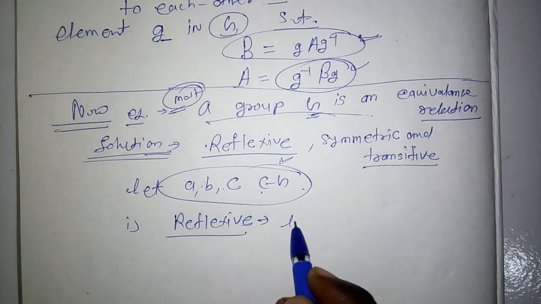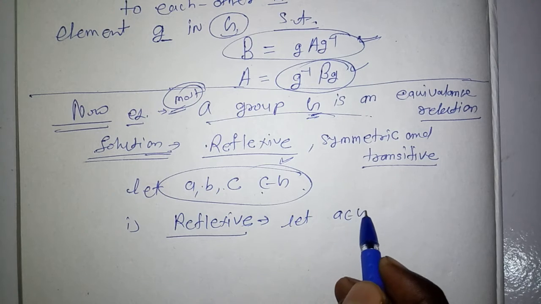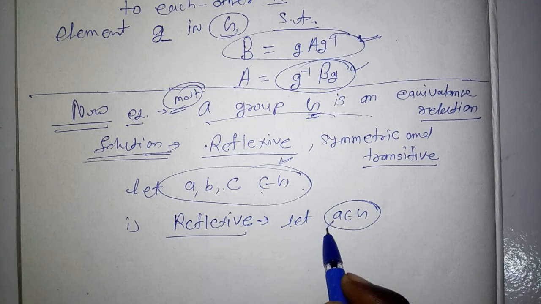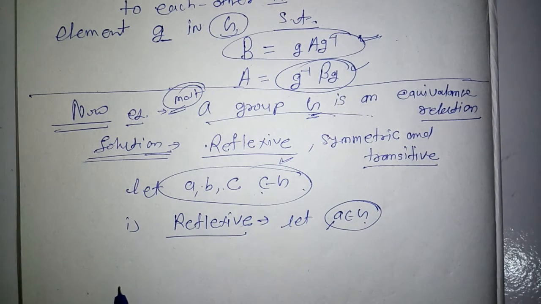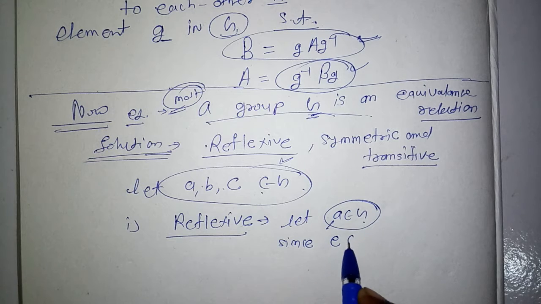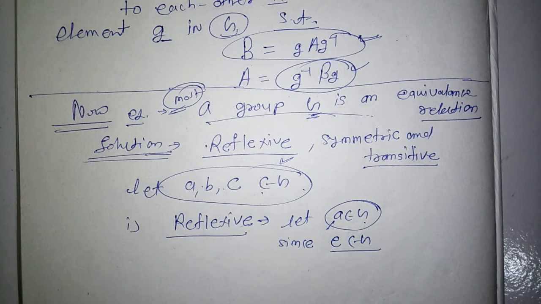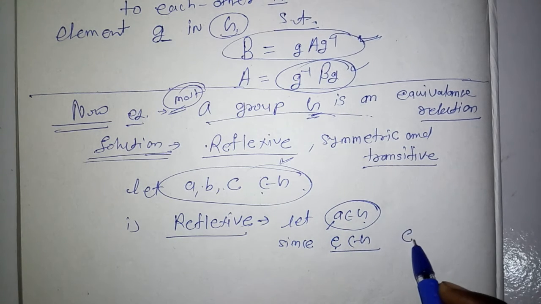Okay, let A belong to G, it means A is any element of group G. Since E belongs to G, and E is the identity element, students.